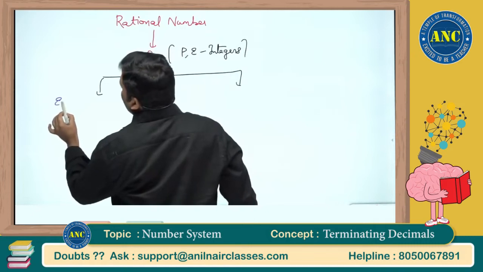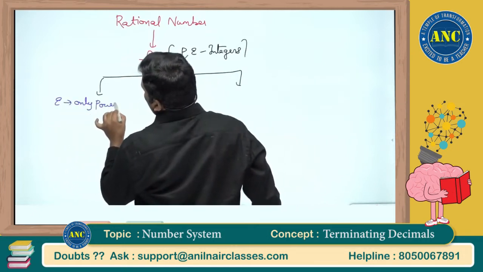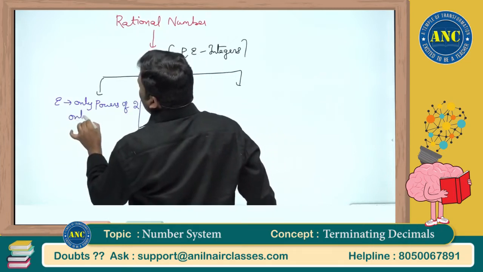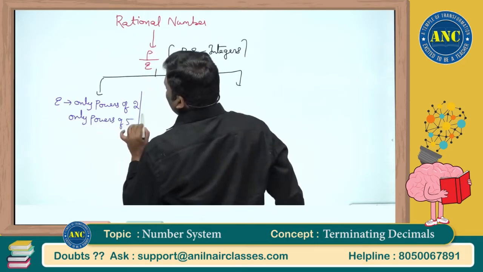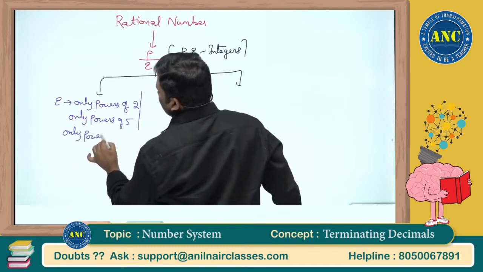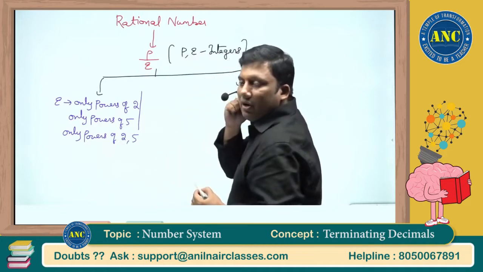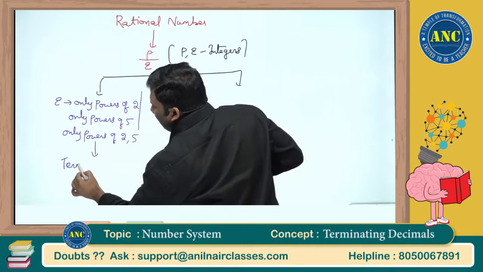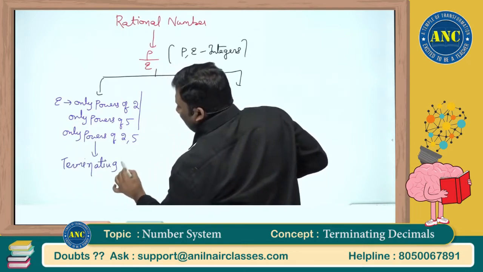If Q takes only powers of 2, or only powers of 5, or only powers of 2 and 5, then I will get a terminating decimal.